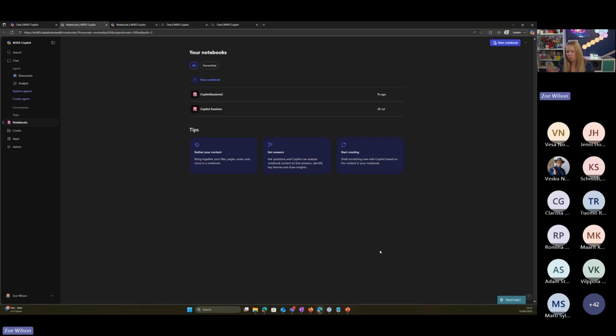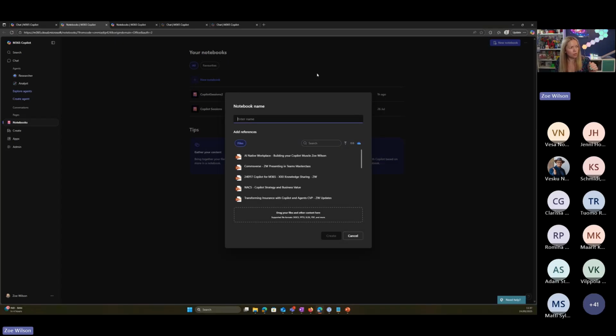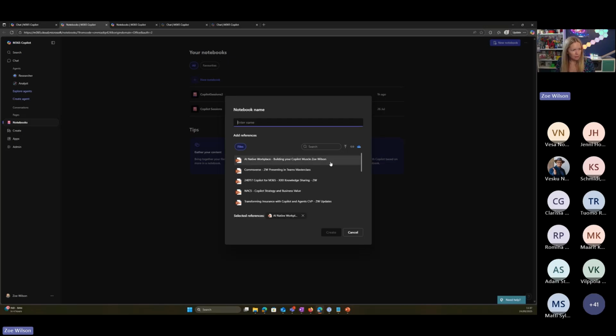And you can bring all of these together and then essentially create a grounded content set that you can use, and you can ask Copilot specific prompts about that content. If you go to Notebooks and click Create Notebook, it will ask you to select the files that you want to include.